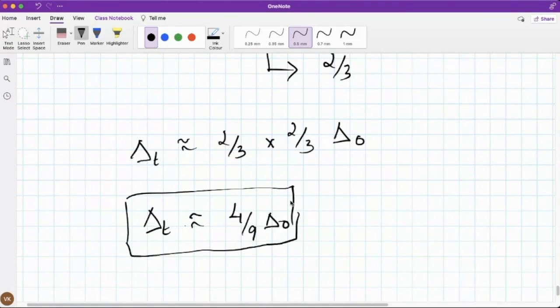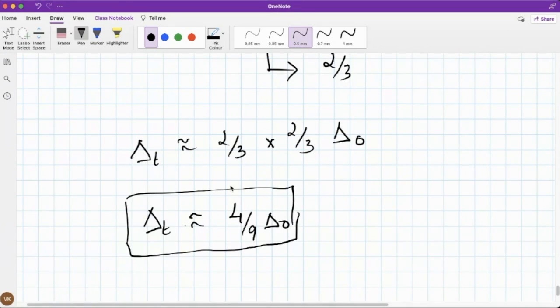There is another geometry also, square planar, but since your syllabus is tetrahedral, we'll limit to that. Suppose the answers are in delta naught, not delta T, then you have to use this formula to calculate the delta in terms of octahedral, delta naught.